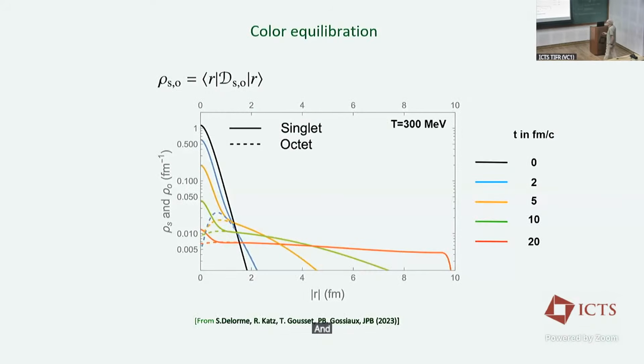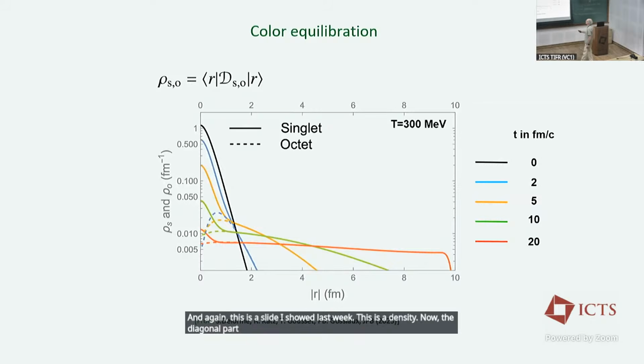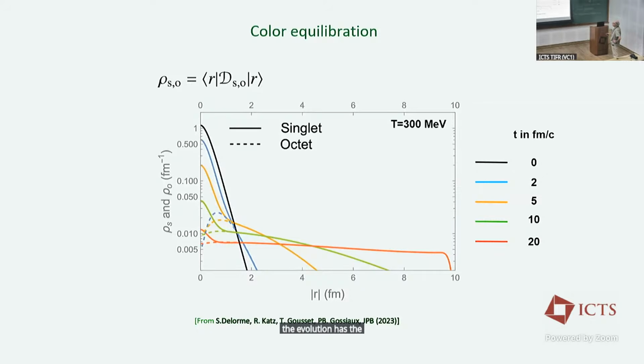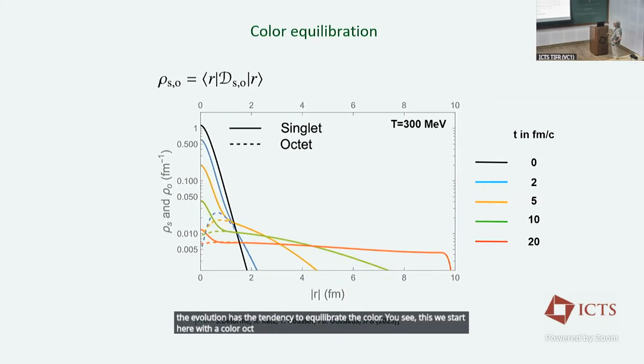And again, this is a slide I showed last week. This is the density now, the diagonal part of the density for singlet or octet. So you see that the evolution, this is exact now, a quantum mechanical evolution, has the tendency to equilibrate the color. We start here with a color octet and color singlet, which are completely indistinguishable.